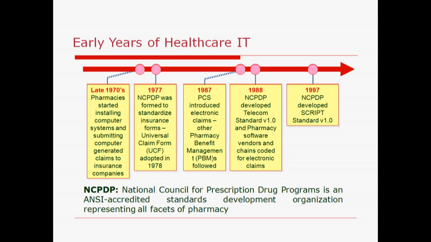In the year 1997, NCPDP developed script standard V1.0. NCPDP is the National Council for Prescription Drug Programs. It is an ANSI accredited standard development organization which represents all facets of pharmacy. This is how the healthcare IT industry has progressed, and we have utilized it in electronic prescription. That's why I have mentioned how it progressed with due course of time.